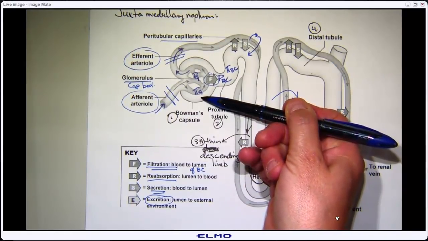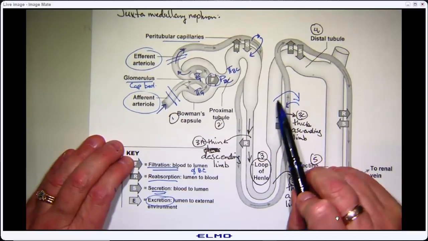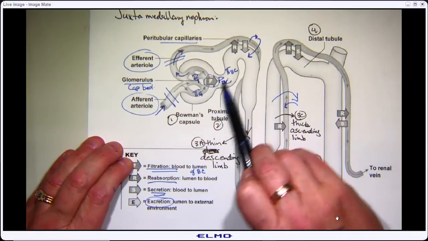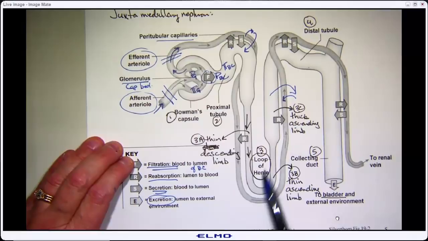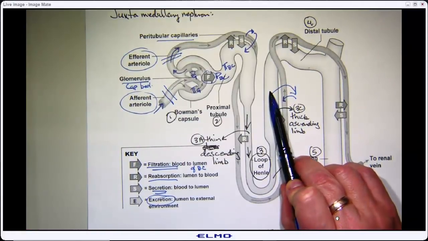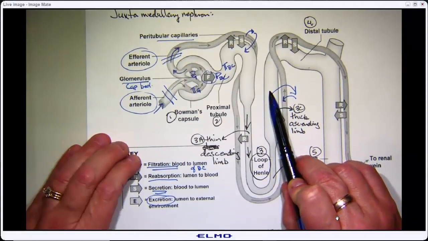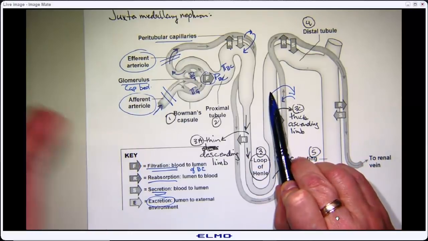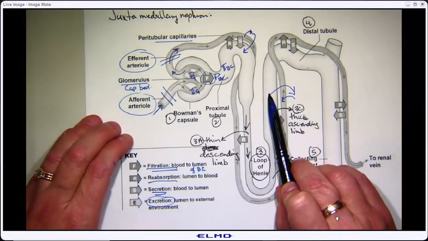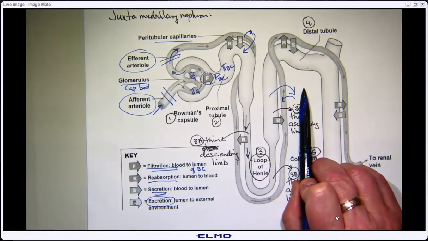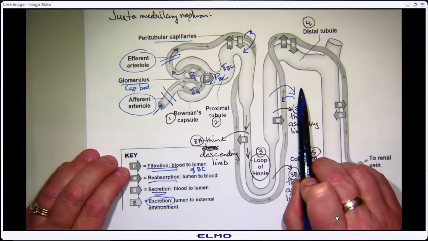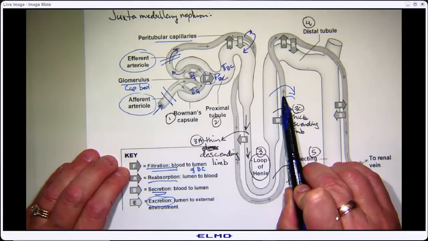You know what's coming. When we move something into the tubule, that's fine, we got it in this tubule. Let's say we wanted to reabsorb it back. Then we have to move whatever we wanted from the lumen of the tubule into the interstitial space, and then from the interstitial space back to the blood, okay?